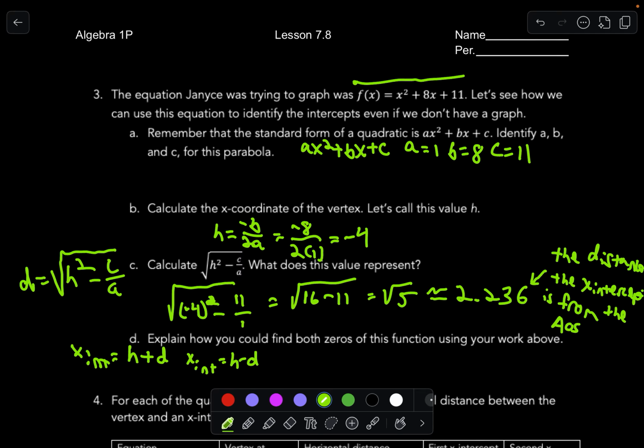So we would have h, which is negative 4, minus 2.236, which equals negative 6.236, or another x-intercept would be h, which is negative 4, plus 2.236. Okay? And negative 4 plus 2.236 is negative 1.76.